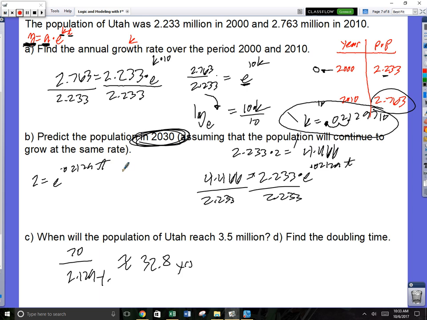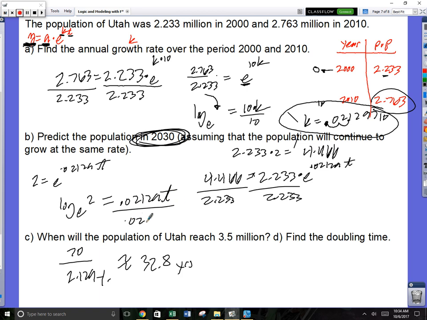And if we do log base e of 2 equals 0.02129t, this is actually 0.69, so this is the 70. We just move the decimal over 2 times and change it to 70. So log base e of 2 gives us 0.69 and so on.